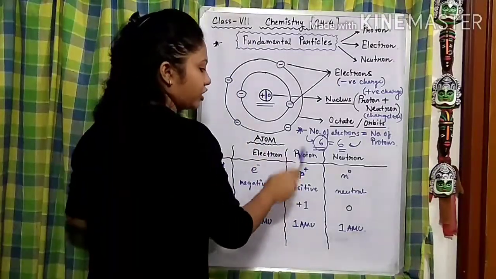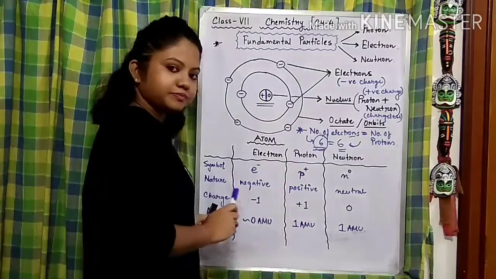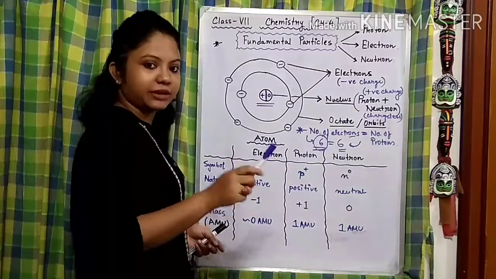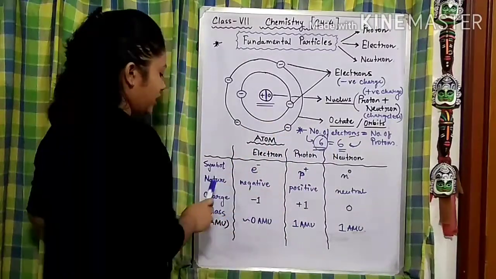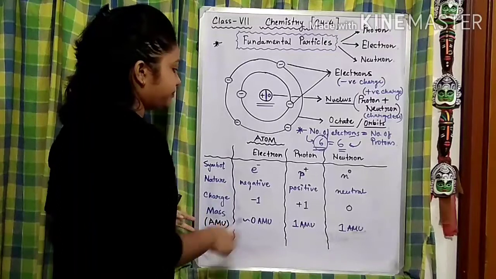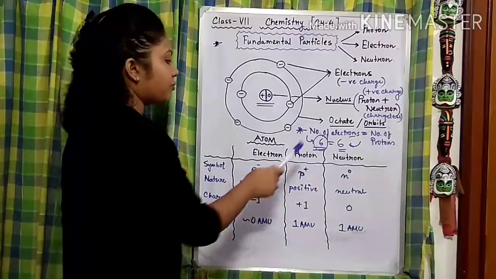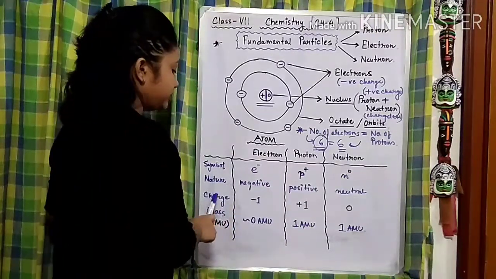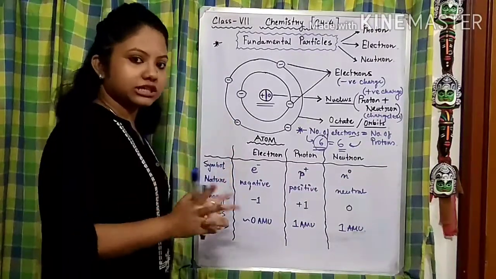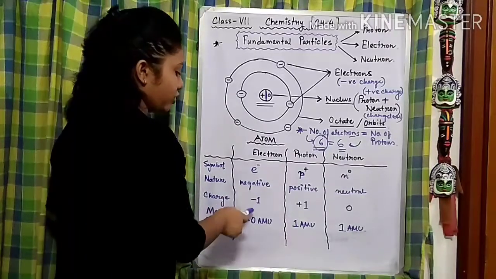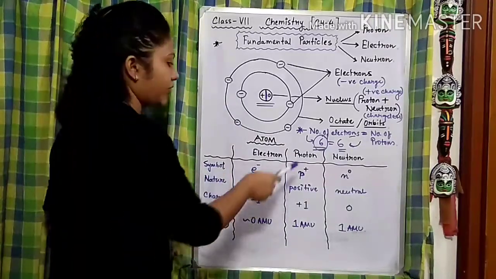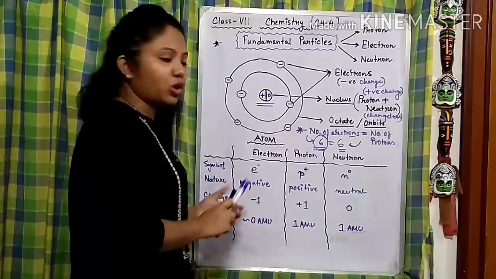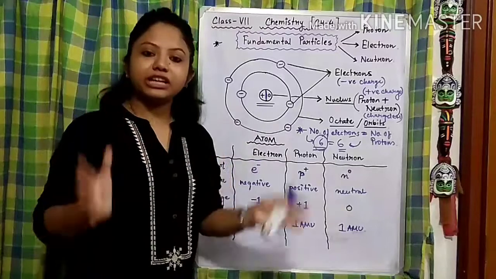Similarly for the proton, that is p plus, and for the neutron, that is n0 because it is chargeless. That means charge is 0. For the nature, electron is negative, proton is positive, neutron is neutral. For the charge, electron is -1 while proton is +1, neutron is 0.